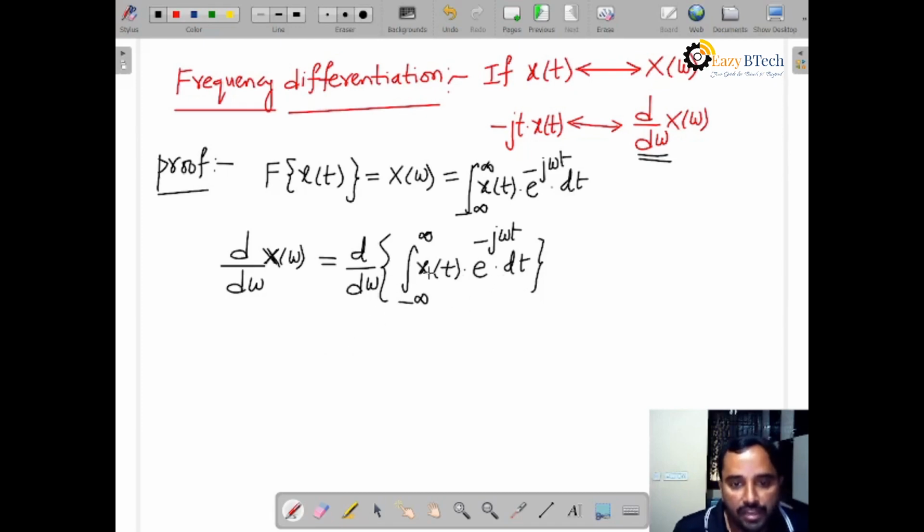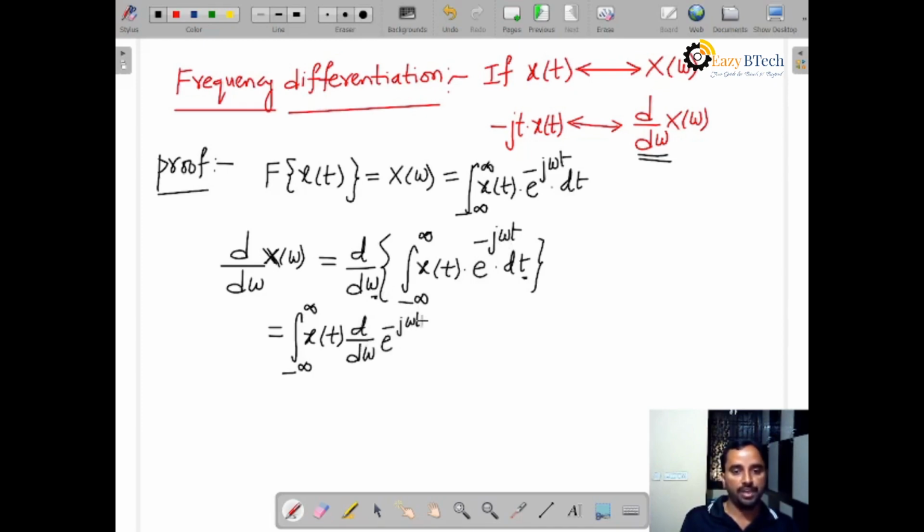If you observe here again, we have integration and differentiation, both are there, but differentiation is with respect to omega and integration is with respect to t. They are not the same, they are different, so don't think they are cancelled. So how to do it: the integral from minus infinity to plus infinity of x of t, and omega is available only in e power minus j omega t. That is why the differentiation is only for that, e power minus j omega t. So I am writing d by d omega of e power minus j omega t dt.